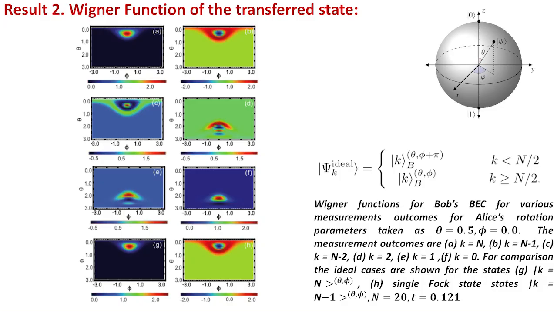We can also understand the characteristic of the state that is being prepared, whether it is a quantum state or a classical one, by looking at the Wigner functions. So here I have plotted the 3-dimensional Wigner plots. If we match the Wigner function from the protocol to the corresponding ideal ones, we can see that the nature of the state that is prepared is also in agreement with the ideal ones.